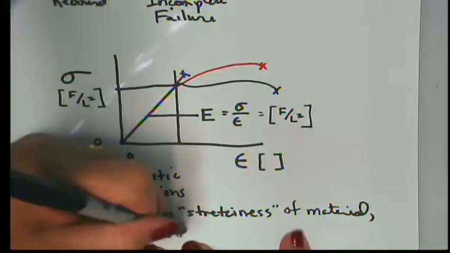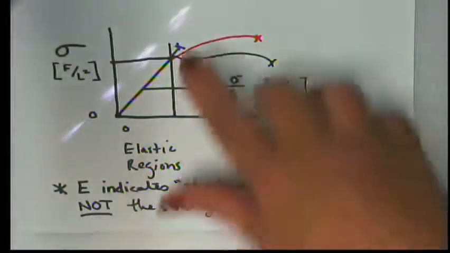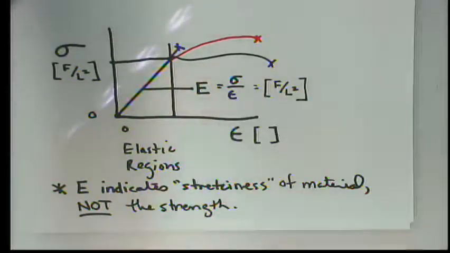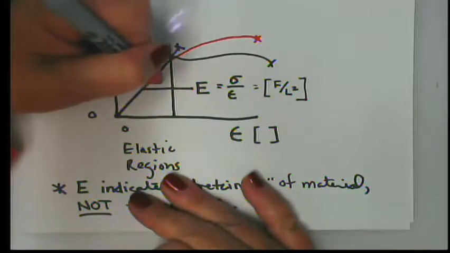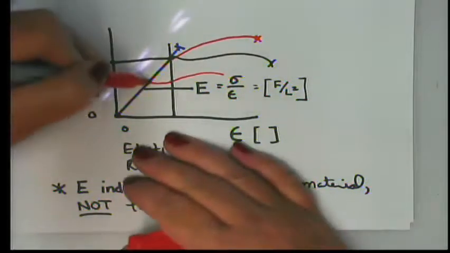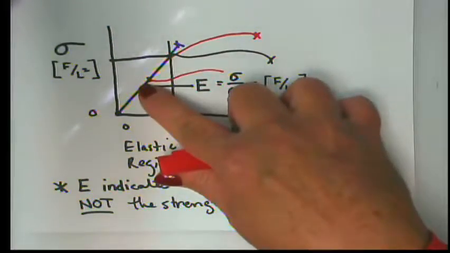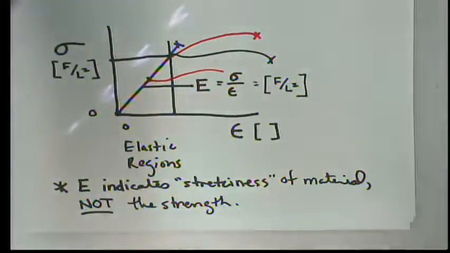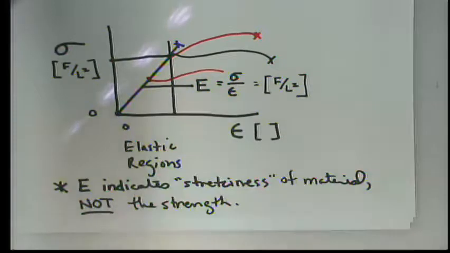It's really important to remember that the modulus of elasticity tells you nothing about where rupture or yield is going to occur. You can have a material like this, or a material like this, with profoundly different strengths, whether ultimate, yield, or rupture sigmas, but the E is the same if the straight line portion is the same.